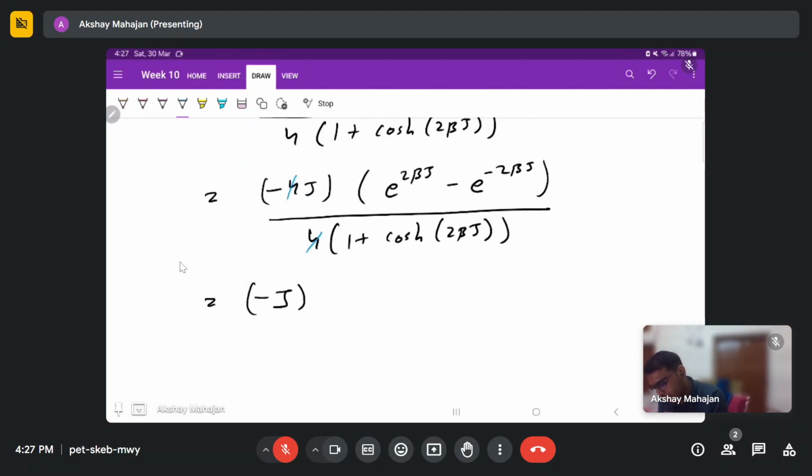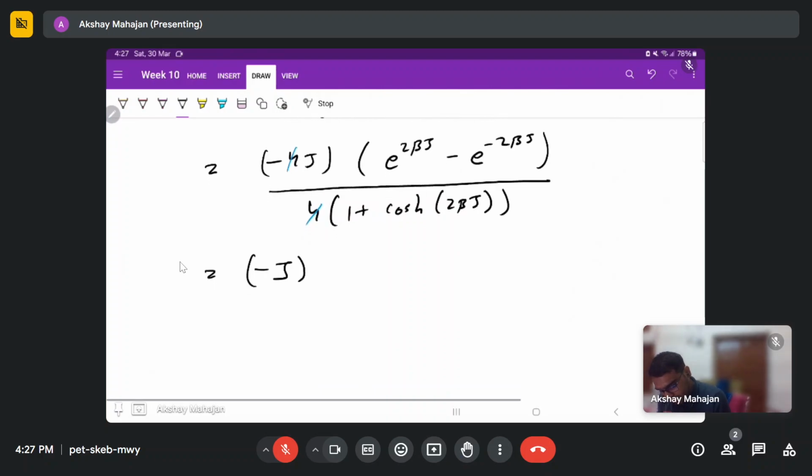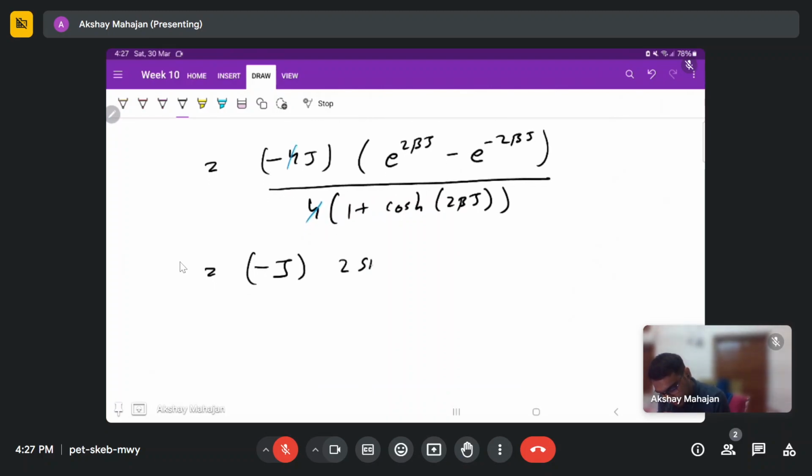So we will get here 2 times sinh 2 beta J divided by 1 plus cosh 2 beta J.